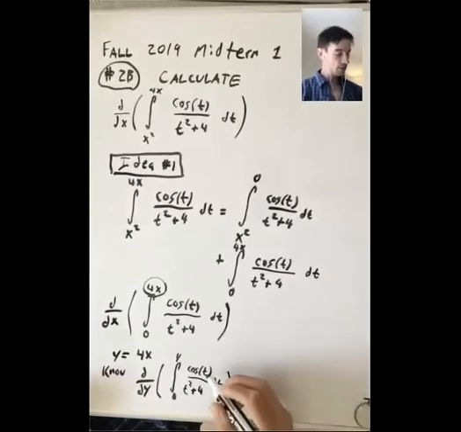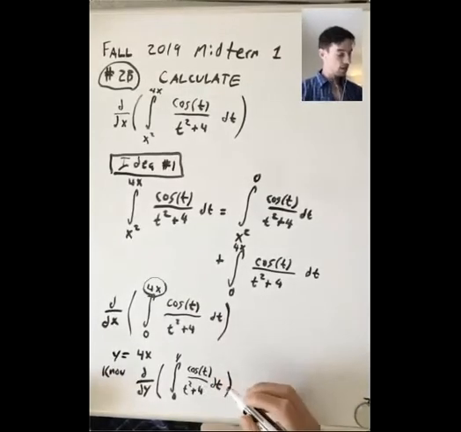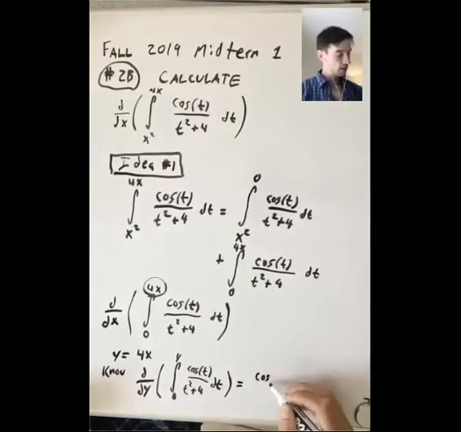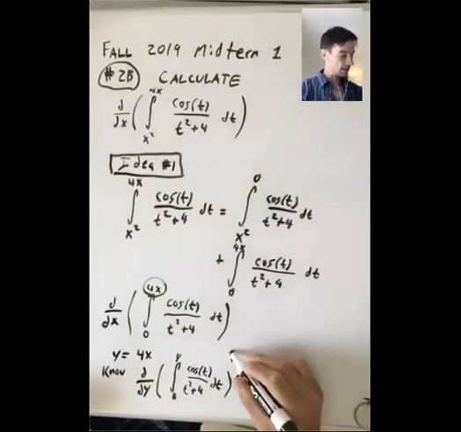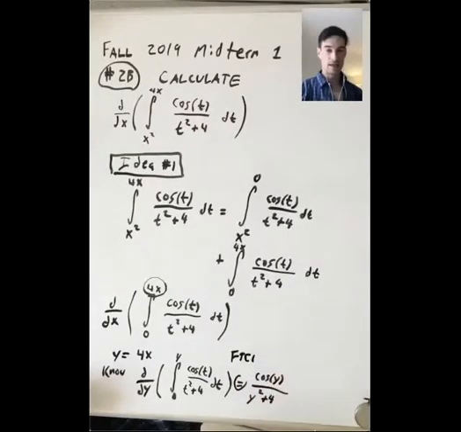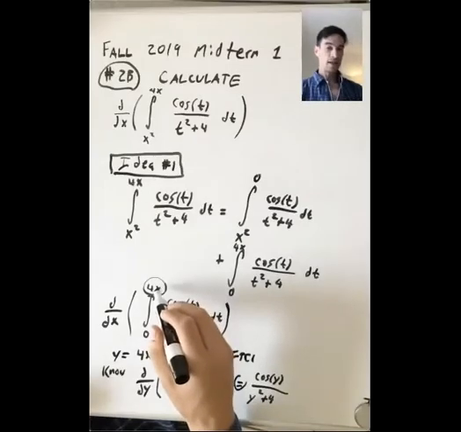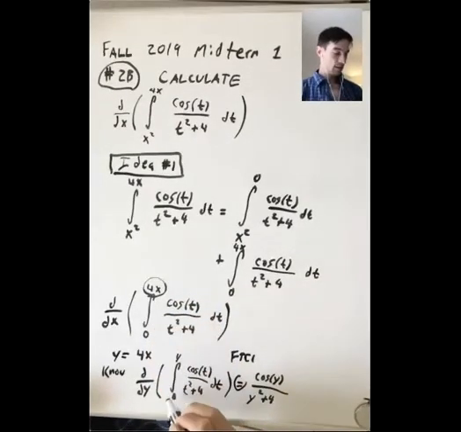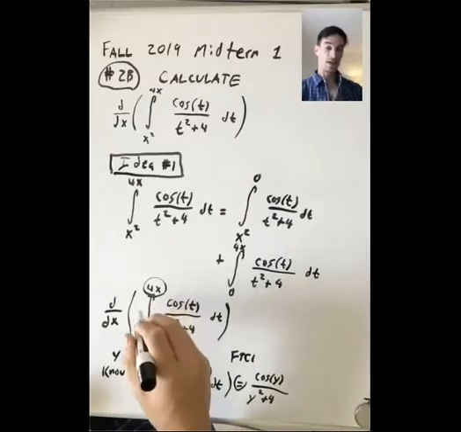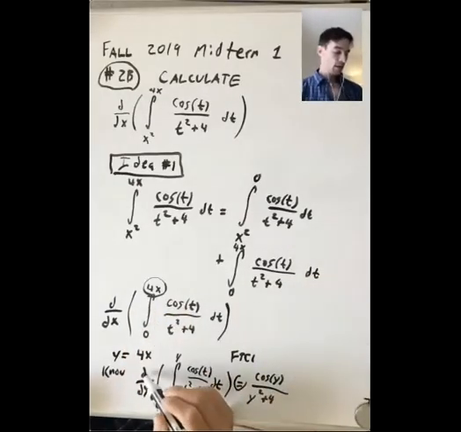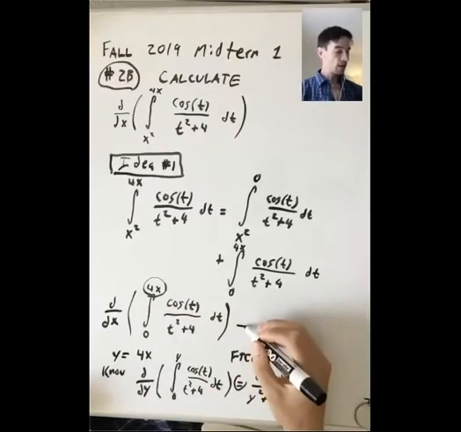This is just equal to the interior function evaluated at y, so cosine of y over y squared plus 4. This is exactly what FTC1 tells us. But if we let y equal 4x, then taking d dx and d dy is not the same thing. We have to apply the chain rule.